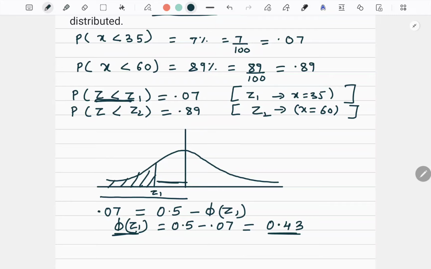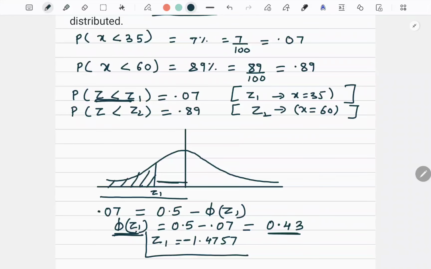But as I told you, this will be given in your question paper. So the 0.43 value, if you search, is equal to 1.47. Okay, so if phi of z1 is 0.43, z1 is equal to 1.4757. But since it is on the left hand side, I should put minus here.